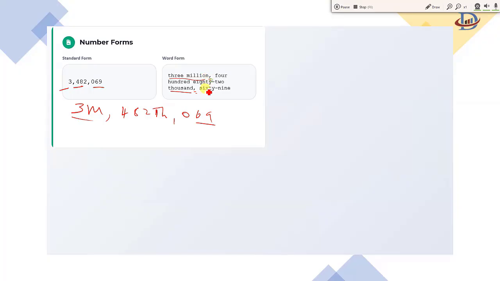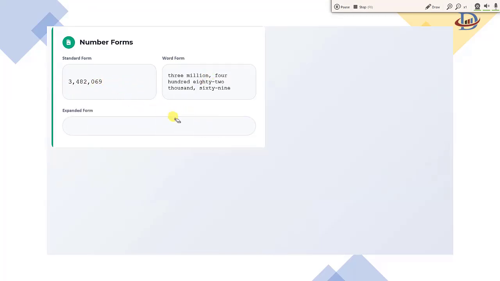By using a comma from one period to another. So 3,482,069. Somebody can also say 'and 69' for the last part. It's fine, it is still correct, because there you are just concluding.